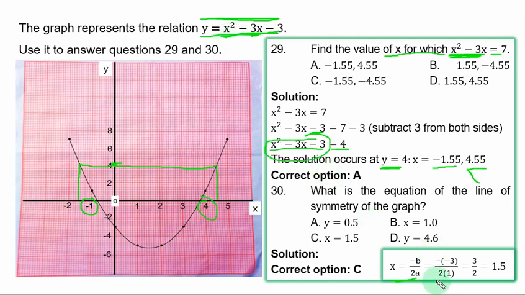You have it in this form. Minus of minus 3 is plus 3 over 2, and when you divide, you have 1.5. So the equation of the line of symmetry of the curve is s equal to 1.5, and that is option C.